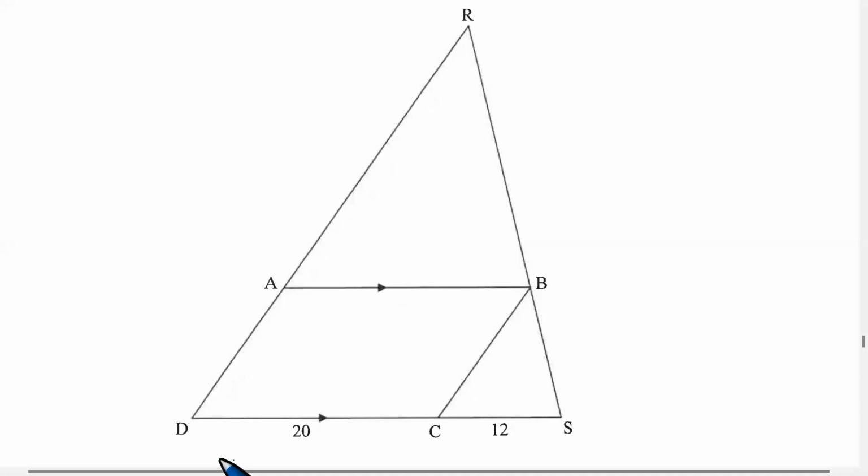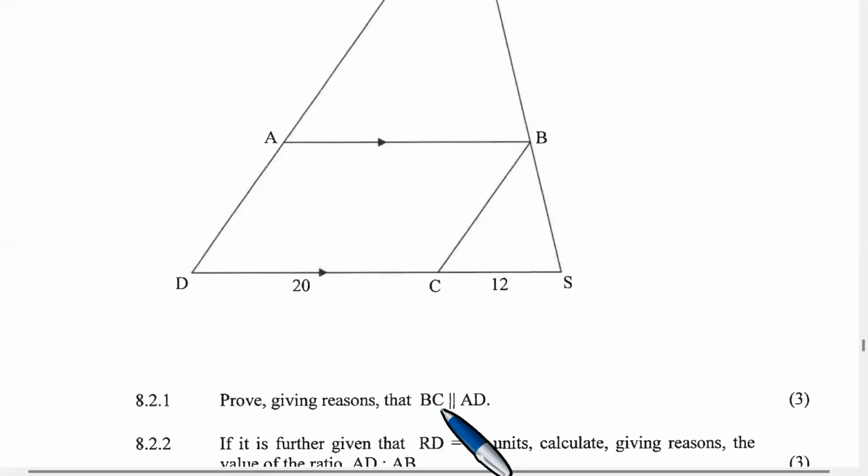To write the proof that BC is parallel to AD, we'll start by writing the ratio of DC to CS.